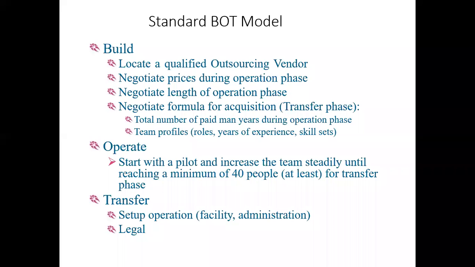Suppose that 30-kilometer road costs, I say, 100 crore rupees. Then one of the companies invests 100 crore rupees, and if the government doesn't want to pay him 100 crore rupees, then the government tells him that for this 30 or 40-kilometer road, you put two toll booths at different locations and you collect the toll.